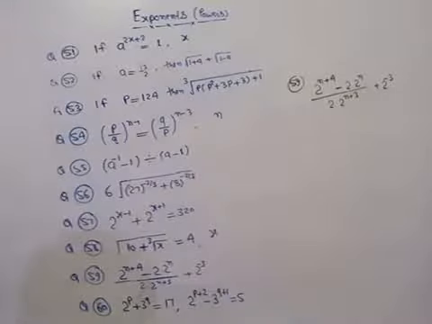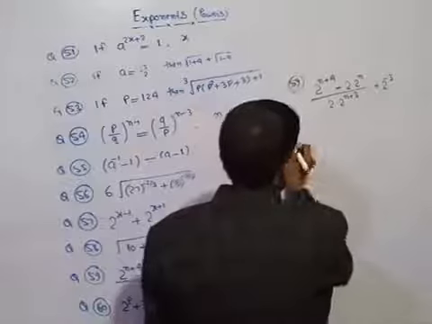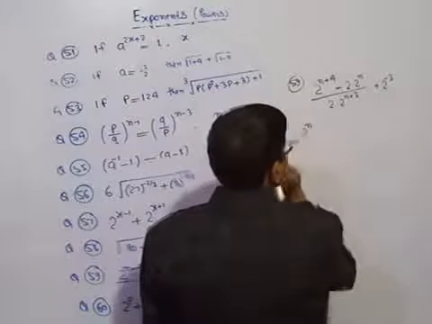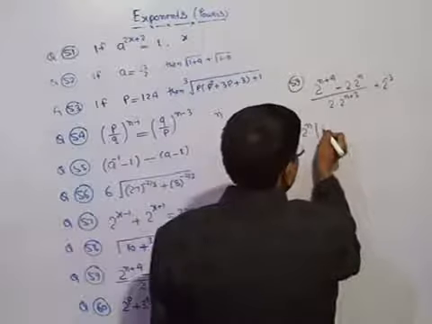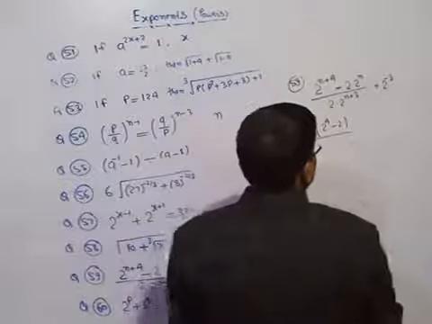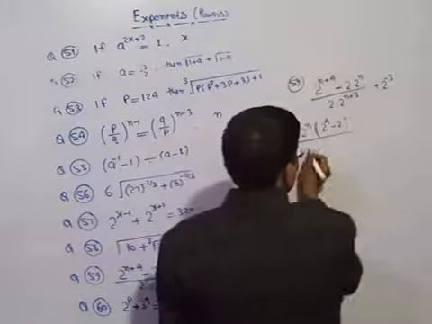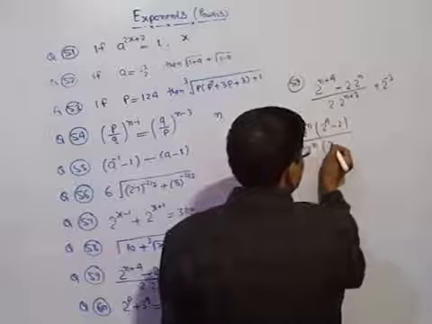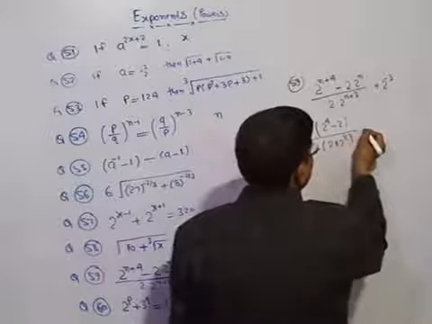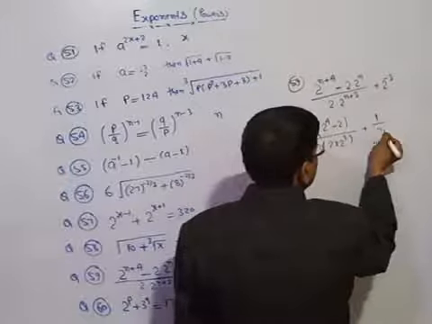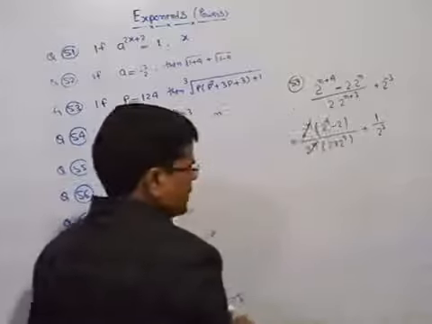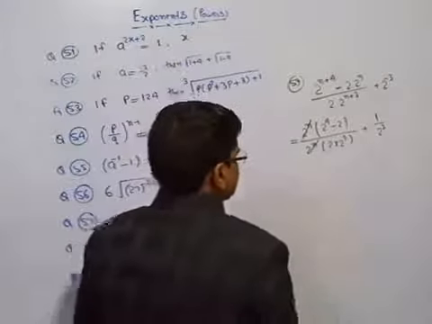Now we can take 2 to the power n common: 2 to the power 4 minus 2. In the denominator we can take 2 to the power n common, then this step is 2 into 2 to the power 3, plus 1 upon 2 to the power 3. This and this cancel out. 2 to the power 4 means 16.